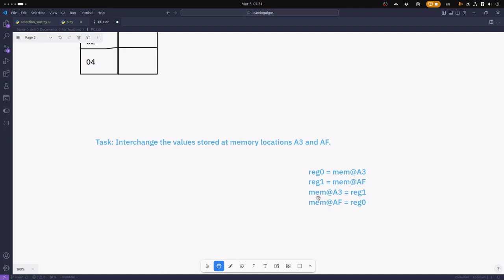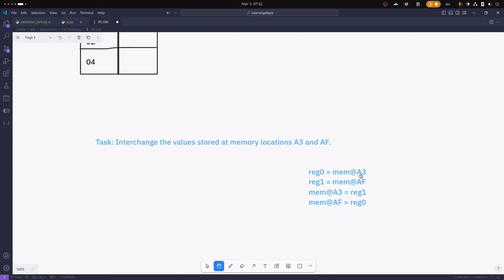So now the value of memory address A3 equals the value of register 1, and register 1 holds the value of memory address AF, right? As a result, memory address A3 now holds the value of memory address AF. And the same thing here: we store the value of register 0 into memory address AF, and register 0 holds the value of memory address A3.